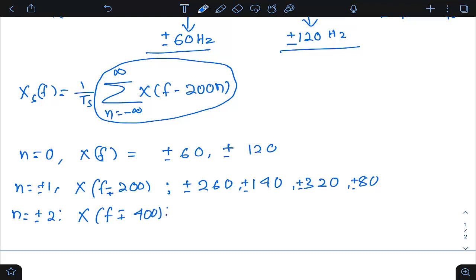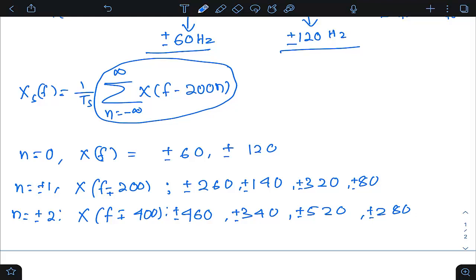So now you add 400 to each of these components, because you are shifting that x of f signal. So 400 plus 60 is 460. 400 minus 60 is 340. 400 plus 120 is 520. 400 minus 120 is 280. And again, if you take the negative n, you get plus minus 460, plus minus 340, plus minus 520, plus minus 280.